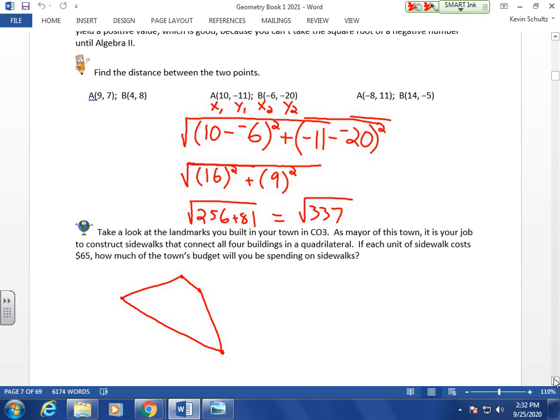So whereas in CO3 you had to use the midpoint formula to find the midpoint between each of these things, now I want you to find the distance between each point, and then calculate how much it's going to cost you for sidewalk. And you have till Wednesday, so okay. So which 2 points would you like to find the distance between together? You'll have to help me with what the ordered pairs are.